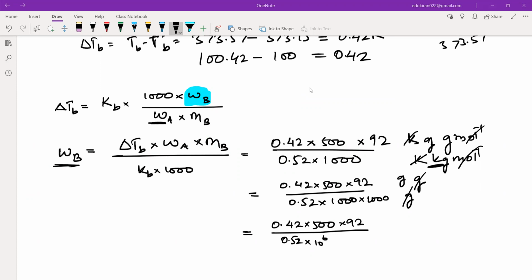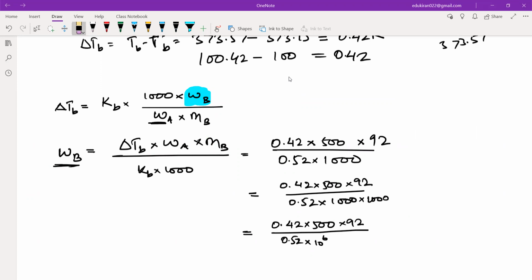Wait a second, okay. This WA here should be whatever was there in terms of kg. We had to take 0.5. This should be 0.5.